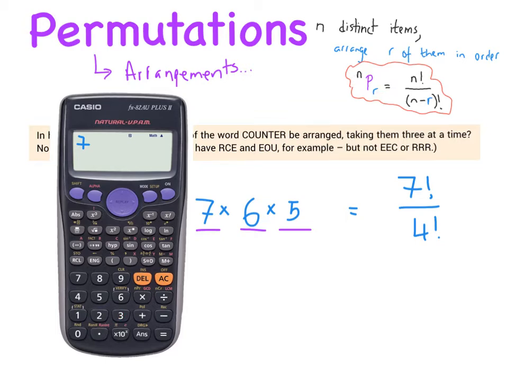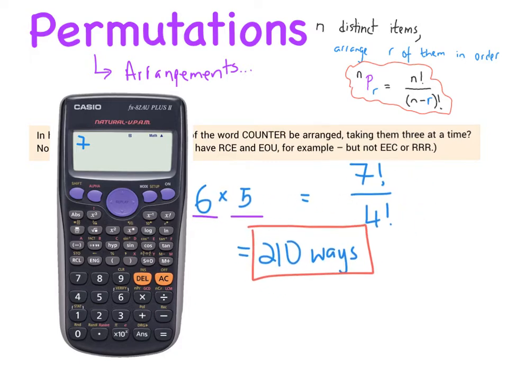So nPr, 7 picking 3 of them, gives us an answer of 210 ways. You could try that out: 7 by 6 by 5 will give you that, and 7 factorial divided by 4 factorial will also give you that.